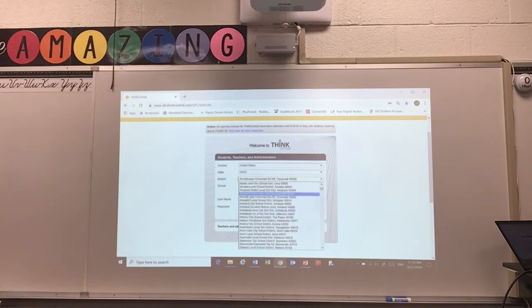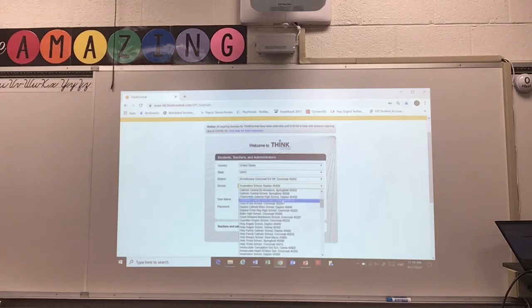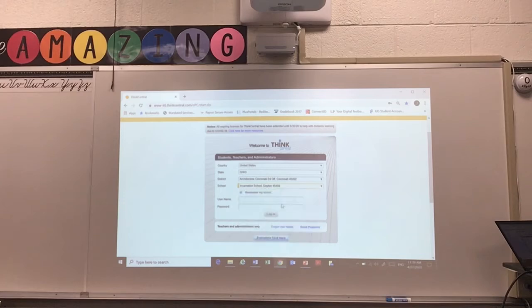It's right here, it says Archdiocese of Cincinnati, Education Office, Cincinnati. That's our district. Once we have our district, we can pull up our school. There is Incarnation School. If you click this check mark where it says remember my school, you shouldn't have to fill in any of this anymore. That's pretty handy, okay?